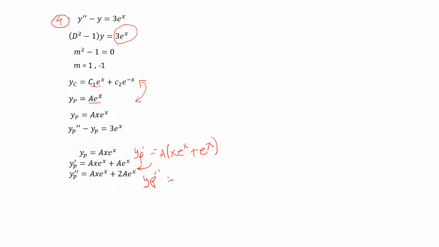Then your yp double prime, this will be repeated again. So a times x e to the x plus e to the x, plus a e to the x.